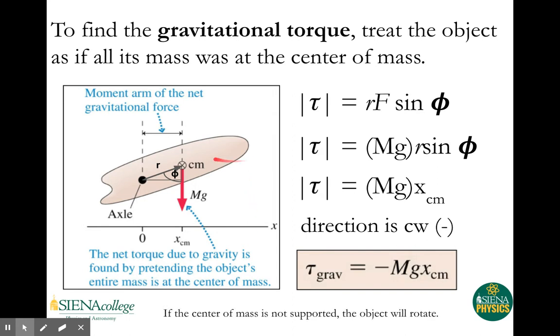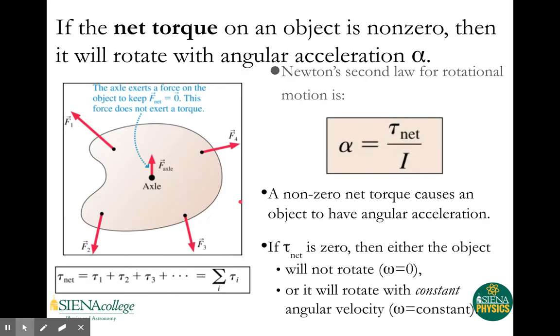Okay, and if this center of mass is not supported, right? If this was resting on some kind of surface, it would stay where it is. But if it's not supported, then we're going to get a rotation. Okay, and if we wanted to calculate quantitatively what that rotation would be, we actually use the analog of Newton's second law that we've seen so far, right? F equals ma, but now we have one for rotation.